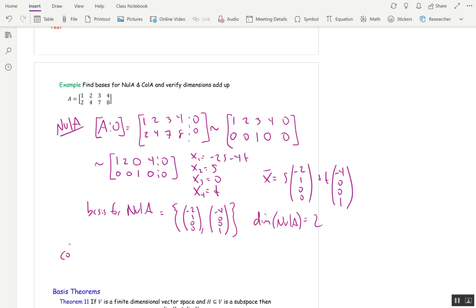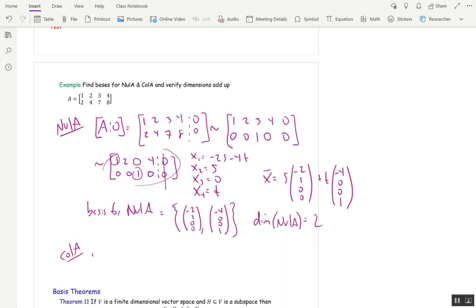Okay, for col A, I'm running out of space, but don't worry, we've done all the work. To find a basis for col A, we have to reduce A and look at pivot columns and then pick the corresponding pivot columns from A. Well, if you take this matrix up here, just ignore the 0 column, that's A that's been reduced, and we can see that the pivot columns are 1 and 3.